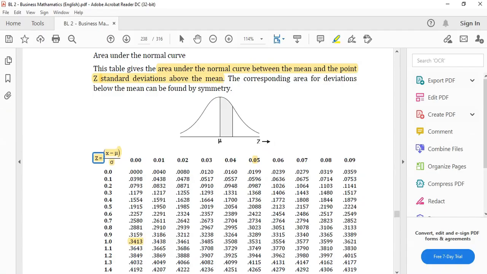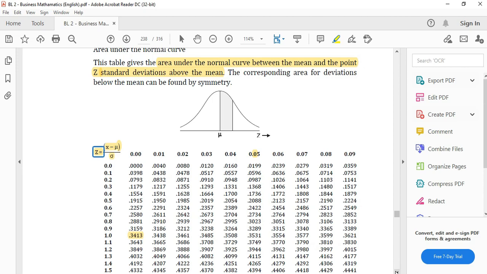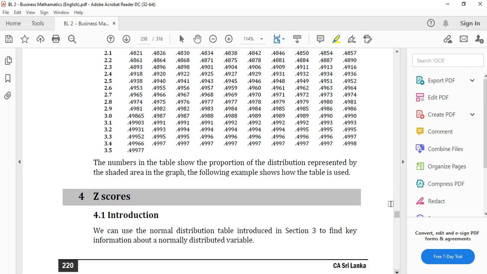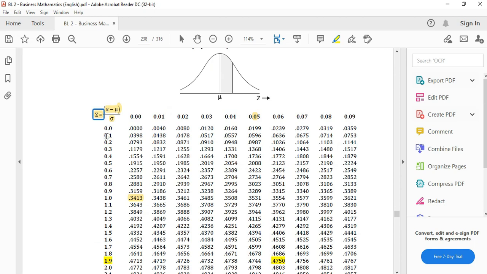Alright, so when we do the question, you will perfectly understand what I told. If we look at this table, this column that you see below represents values of z. And the horizontal line also represents values of z, the one that is highlighted in blue.